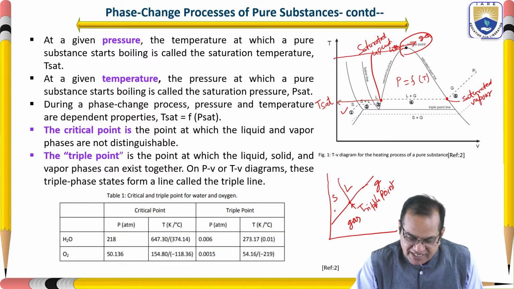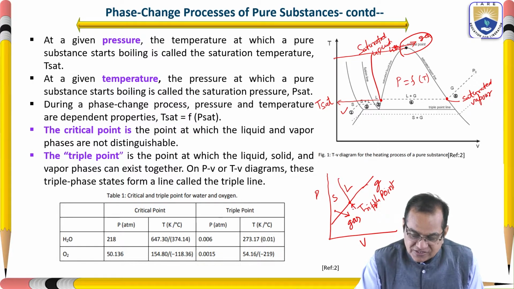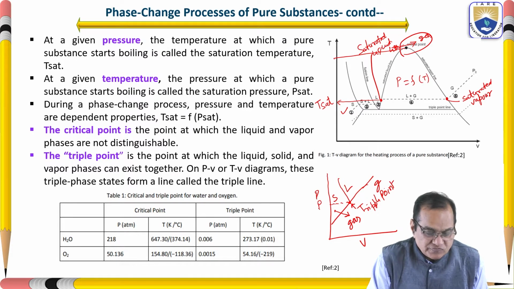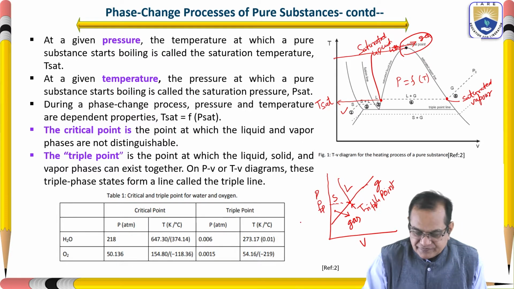If it is solid here and I give a little heat, it can go directly from solid to gas. So if this is the pressure, this is called the pre-triple point.